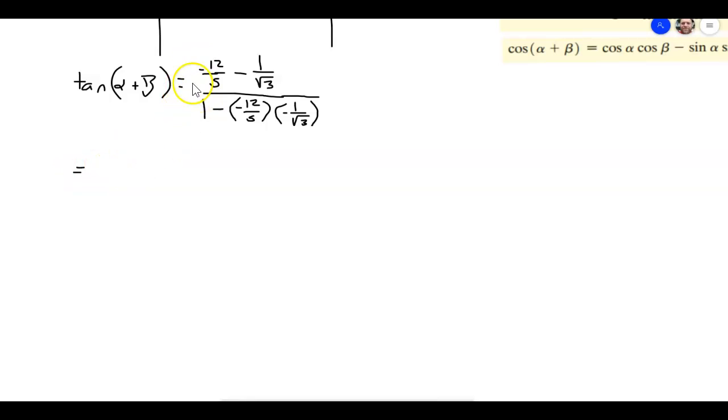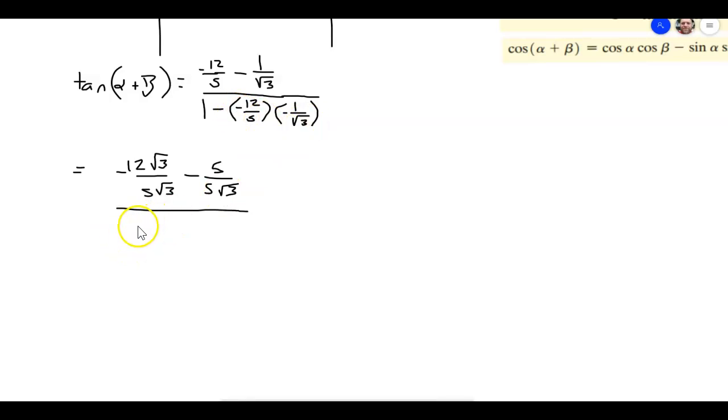So on the top here, I'm going to multiply both the top and the bottom by the square root of 3. So this is going to be negative 12 root 3 over 5 root 3, minus, I'm getting a common denominator, 5 all over 5 root 3, all over, and this is minus, minus, minus, so 2 of these minuses cancel out, then you have another minus.